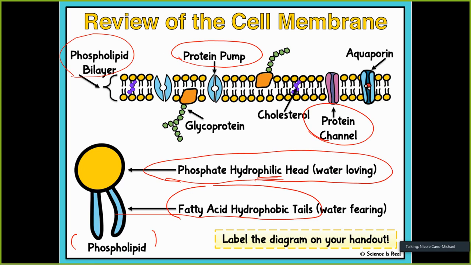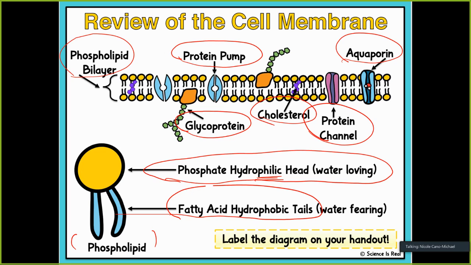Things can move through there, just like a tunnel. We have the aquaporin, and we have the glycoprotein. Oh, and we have some cholesterol here, but that's okay. So these are the main parts of the cell membrane, which is kind of crazy because one little organelle has all of this going on.